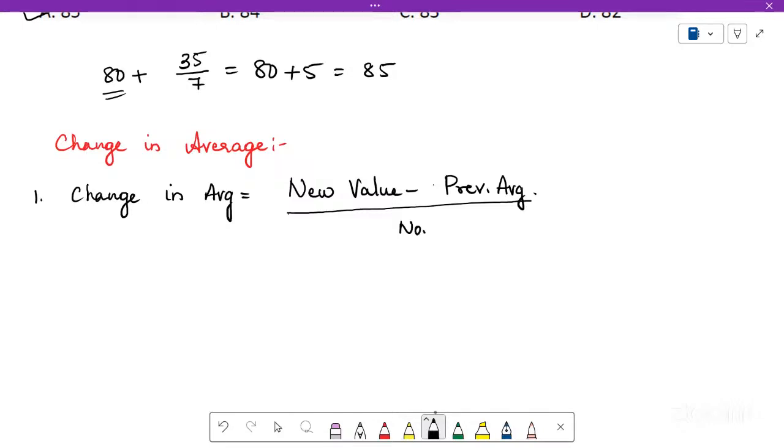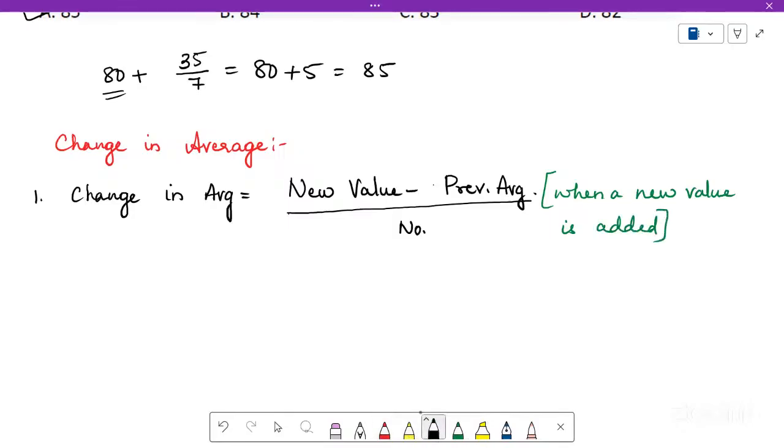This is one of the formulas. New value minus previous average divided by number of values. We will use this formula when a new value is added. When a new value is added to an existing list, we use this formula.